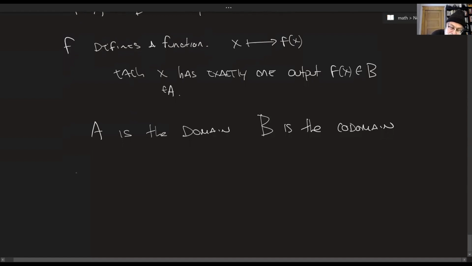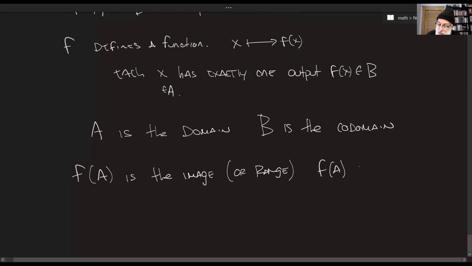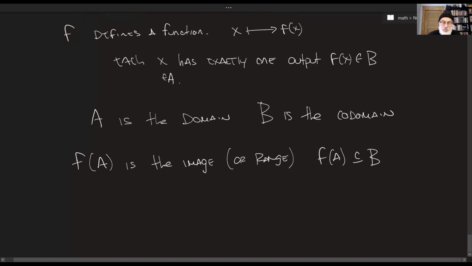Now, notationally, we say that f of A is the image. Sometimes you'll hear this called the range. And f of A is a subset of B. All of the elements of f of A reside in the set B.